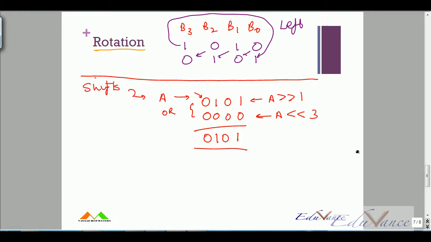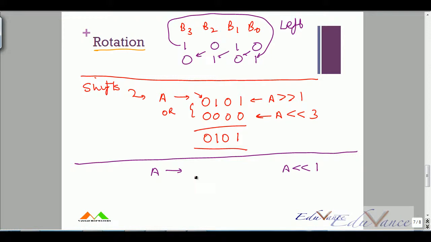So again I would do that in 2 shifts. First I would take A and I would left shift it by 1. So this would be A left shifted by 1, which would give me 0 1 0 0, because this guy came here, this guy came here, this guy came here, and this guy fell off, and in place of him a 0 would appear here.